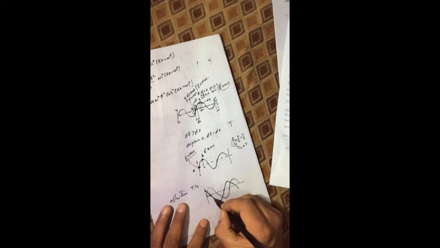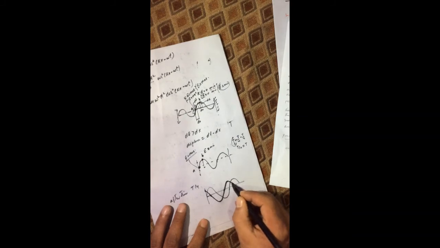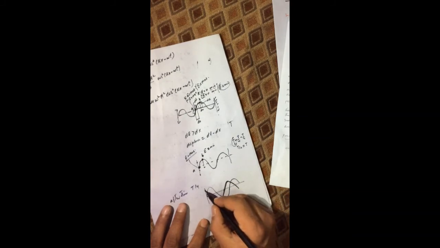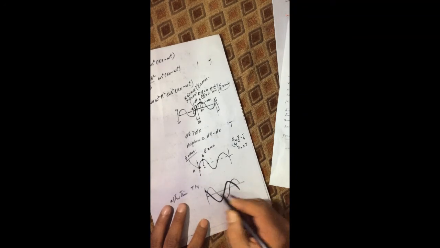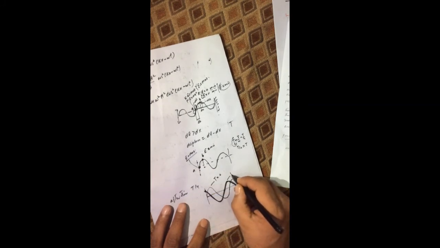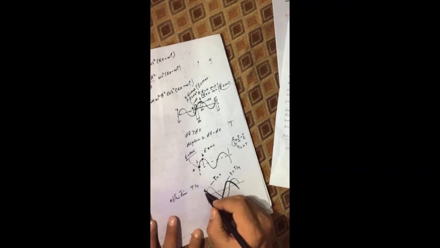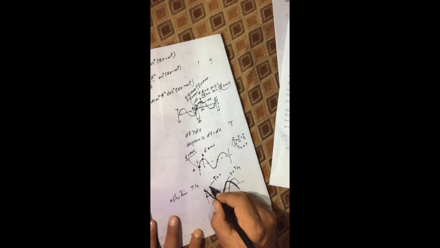I will use a bold thick line for the next time. This is when time t is equal to 0, and this is when time t is equal to T over 4. After time T over 4, this particle moves from the mean position to the maximum displacement, and particle B moves from the maximum position to the minimum displacement.